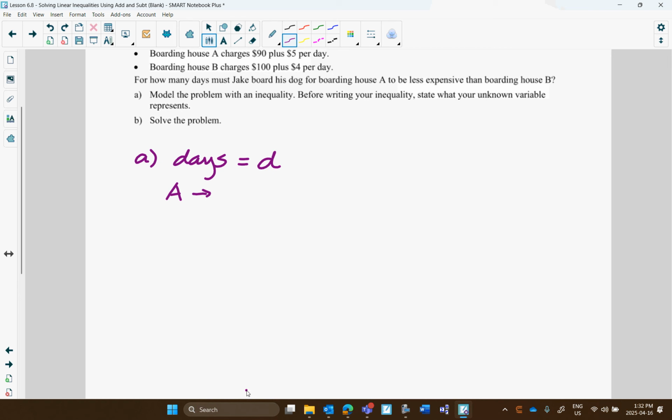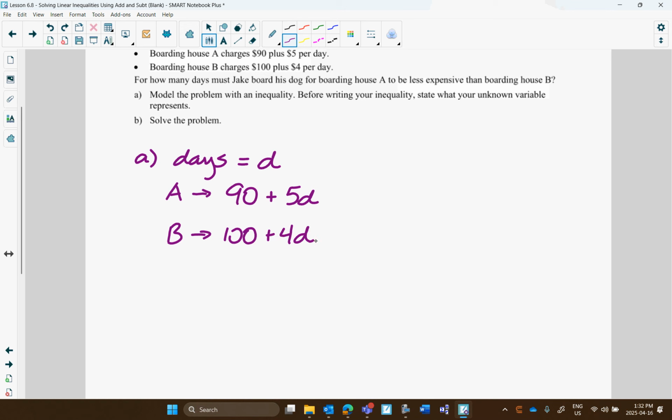Is it 90 plus 5D? Yes. 90 plus 5D. Similarly, what would be the total cost for boarding house B? 100 plus 4D.